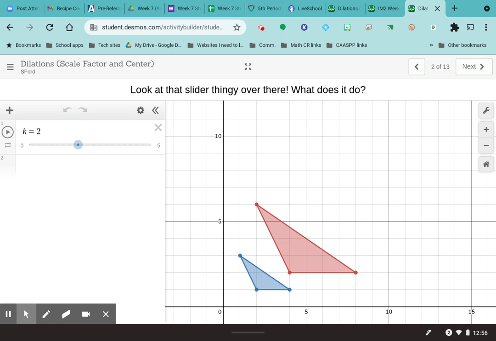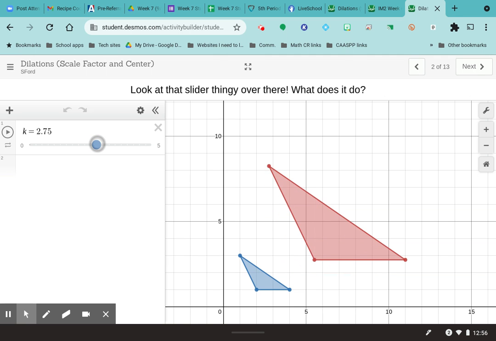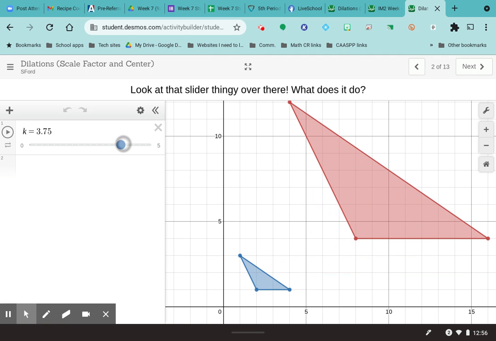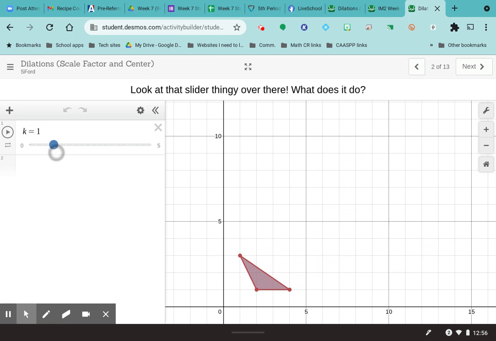Now, if we look over here, when I move the slider, it does make it a little bigger, but when it's at 1, it is actually the same size. This is almost like if you went to a copy machine and made a copy of a picture twice as big.